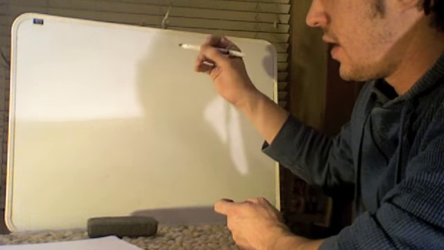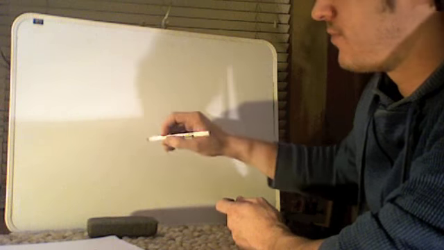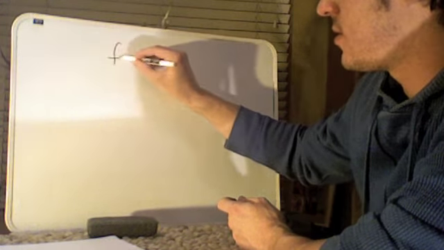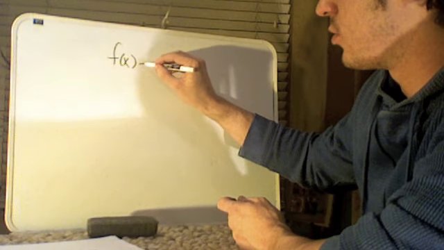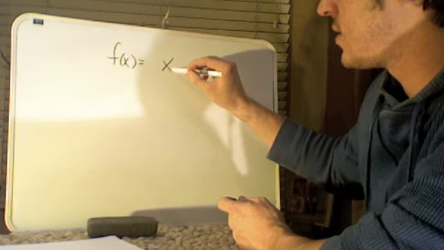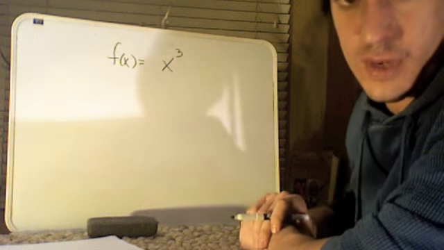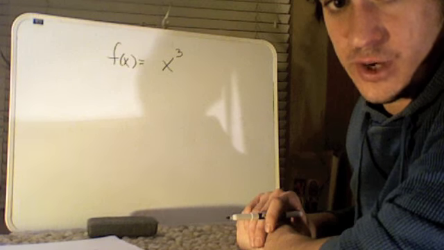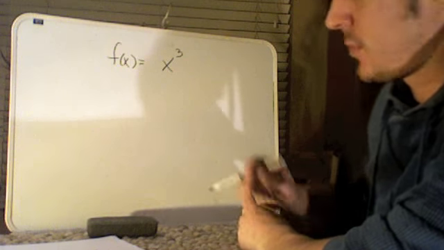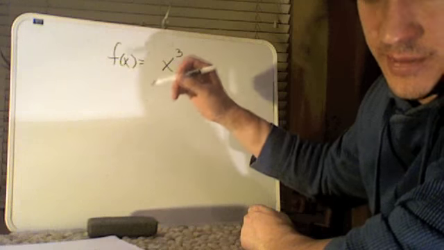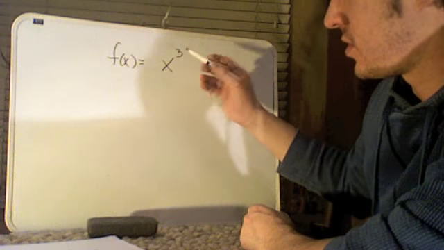So if you're given some function, f of x is equal to x cubed. That's your function. Now you want to take the derivative of f of x. To find the derivative of that, we use the power rule. The reason for using the power rule is because it's going to involve the power of x up here.